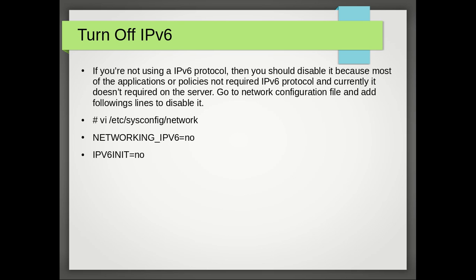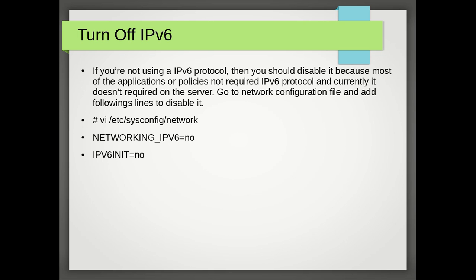Next is turn off IPv6 support. If you are not using the IPv6 protocol, then you should disable it, because most applications or policies do not require IPv6, and currently it is not required on the server either.